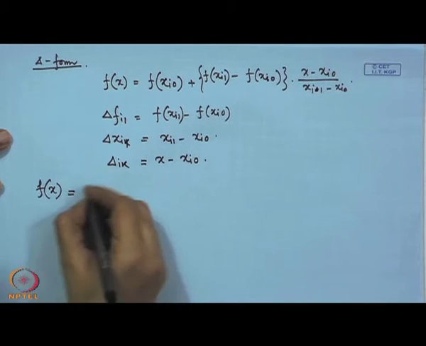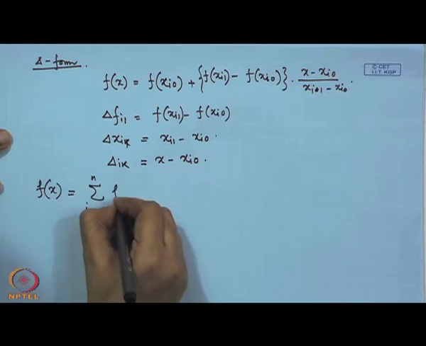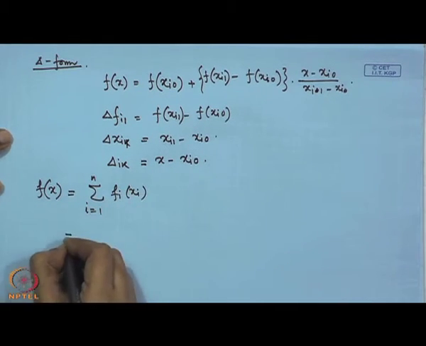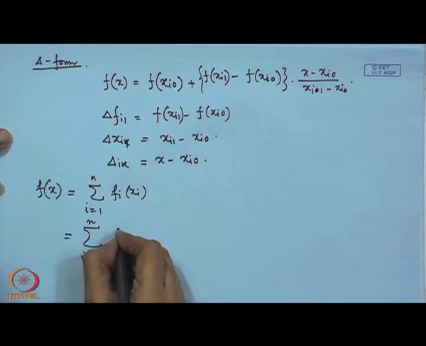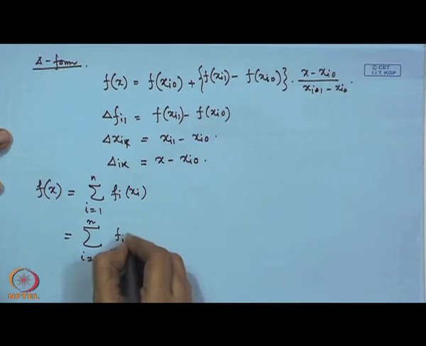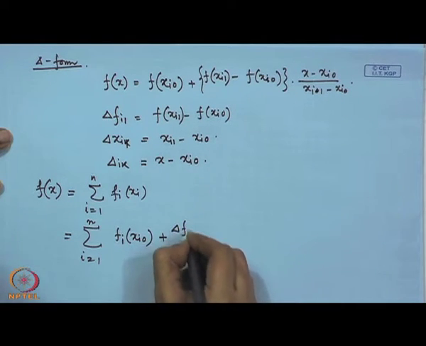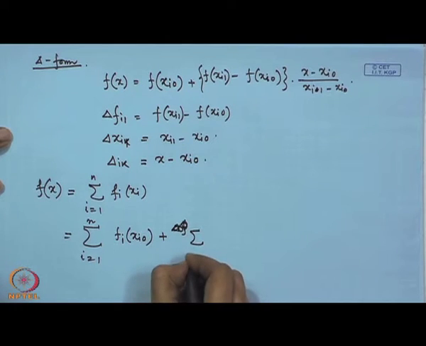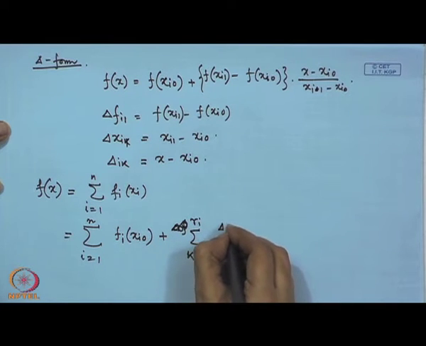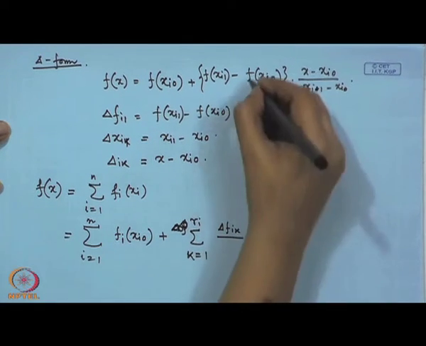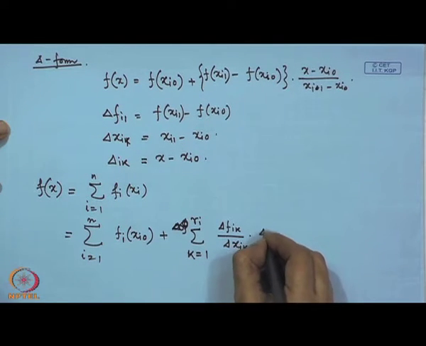That is the only consideration here, so that f x can be written, let me write down in general form, as the summation of i is equal to 1 to n of f i of x i. This is equal to the summation i is equal to 1 to n of f i of x i0 plus the summation k is equal to 1 to r i of delta f ik divided by delta x ik into delta ik.